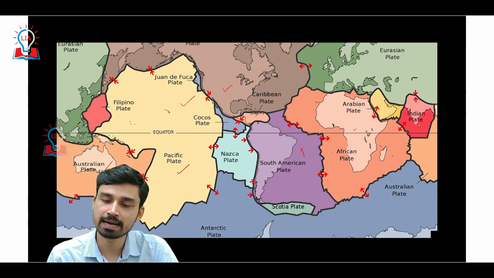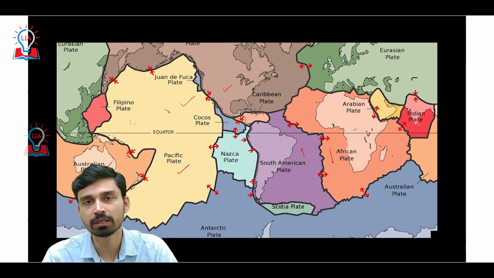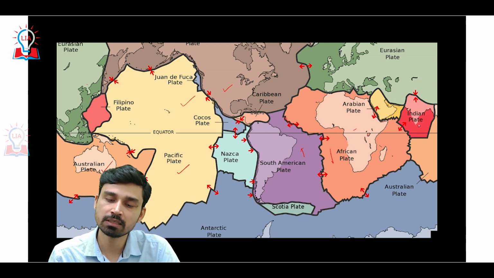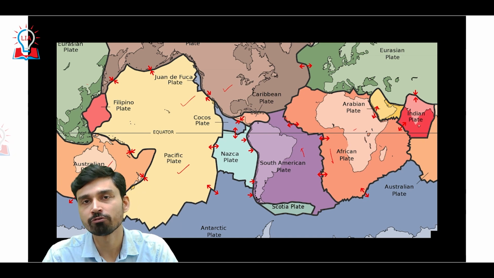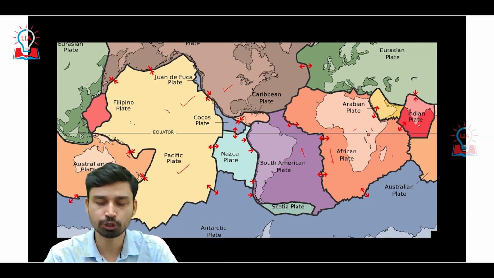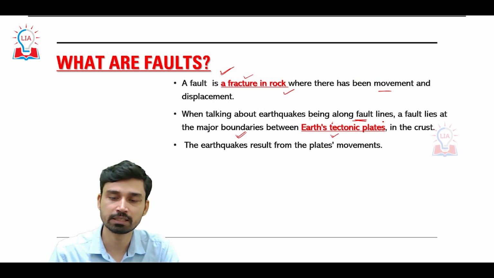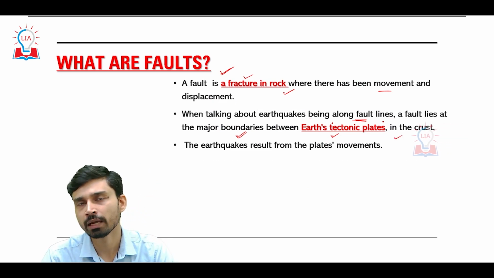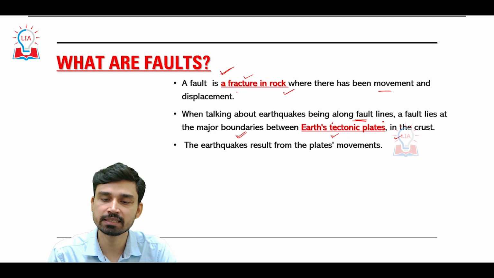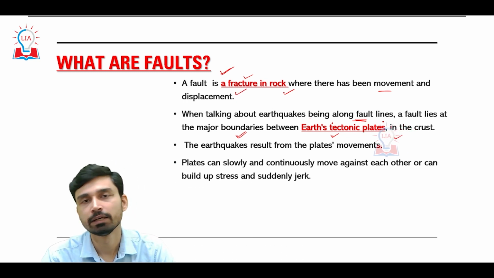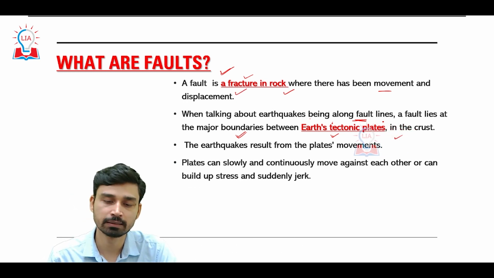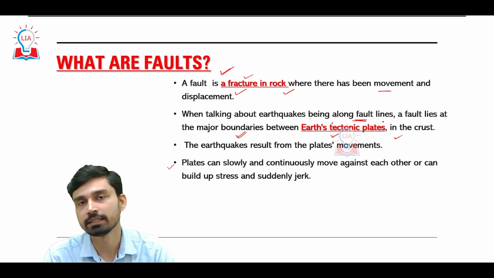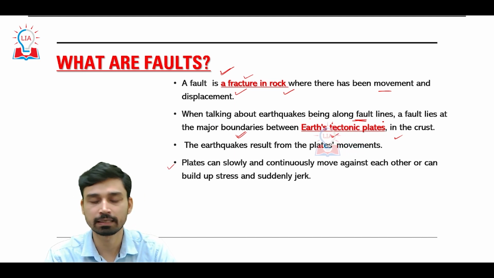Plates are not static, they keep moving, and we see relative motion between plates. It is due to this relative motion that faults develop. Whenever there is a movement along the fault line, an earthquake is generated, as happened a few weeks back in Turkey.